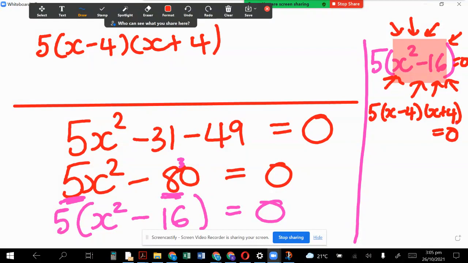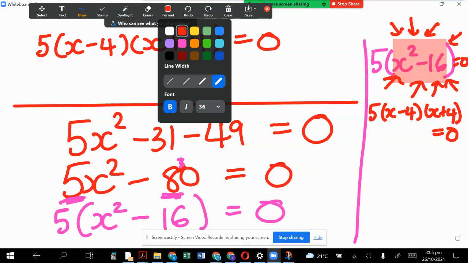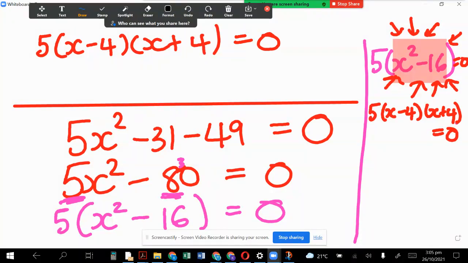X, square root of 16, write it twice, put plus minus. When you get to a bracket equals 0, you have to ask the question, what do I make x so that the whole bracket becomes 0? If I make x equal to 4, then that's my first answer. What do I make x in the second bracket that will make the whole thing equal to 0?